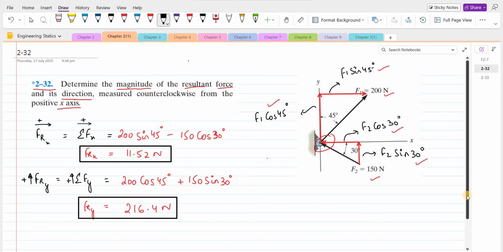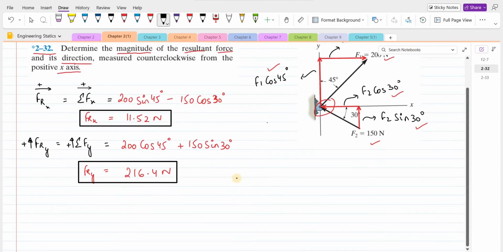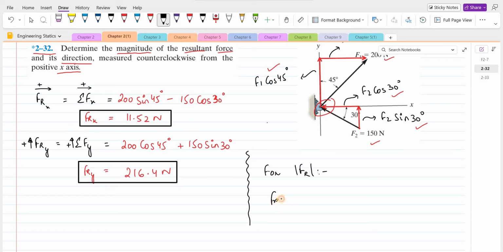Now for the magnitude of the resultant force, we can use the Pythagorean theorem. So it is the square root of Frx squared plus Fry squared.